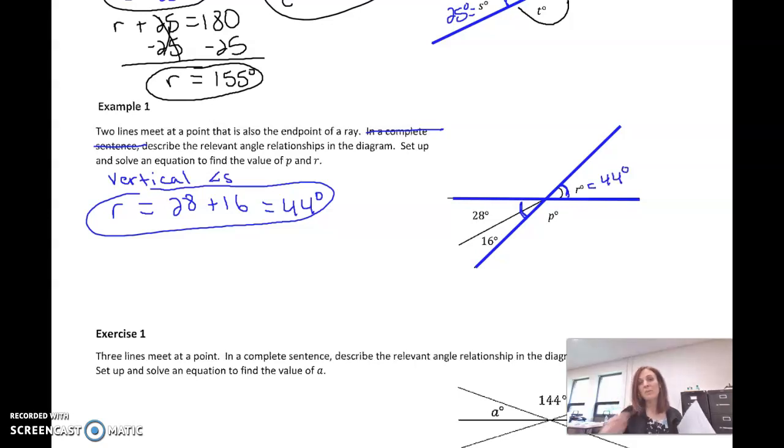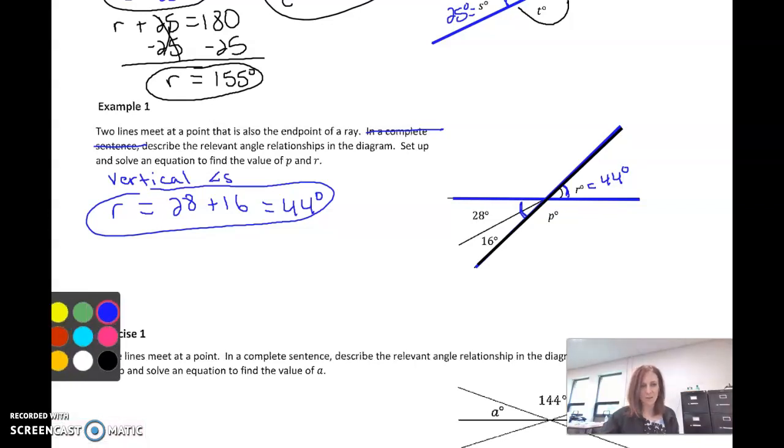Sometimes you have to start one way, which I'm telling you, start with vertical angles. And then in this case, we can use our idea of supplementary angles. Sometimes you need to rotate your picture and look. I get that it's sometimes hard to see these things. But if I look right here, this is a straight line. So R plus B here have to equal 180 degrees when I add them together.